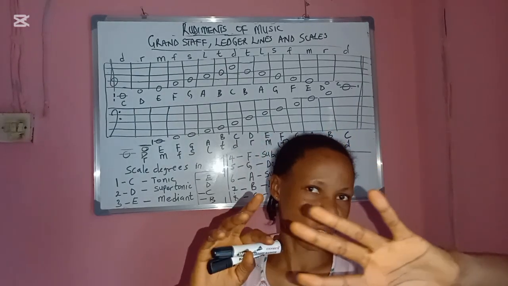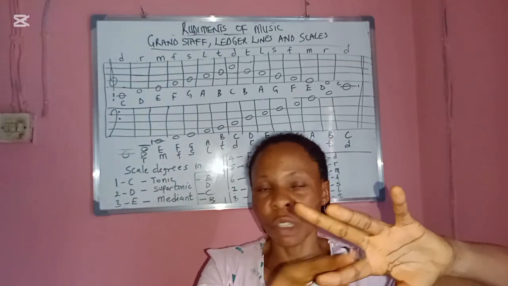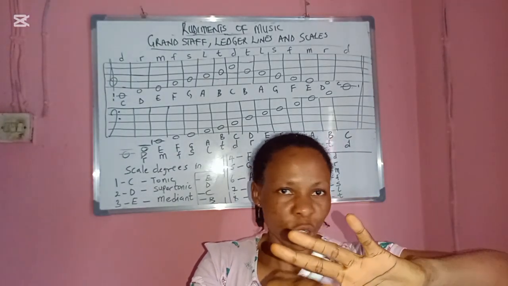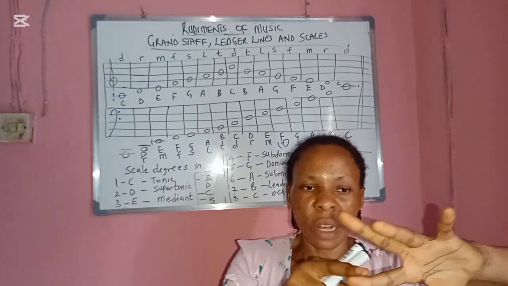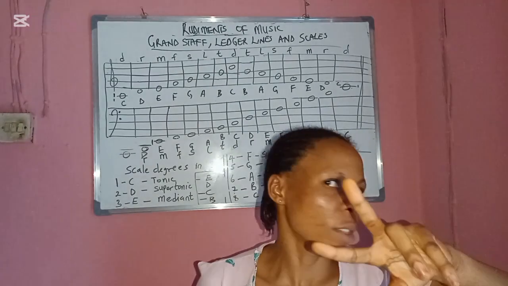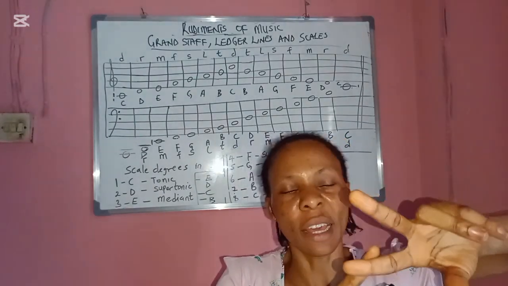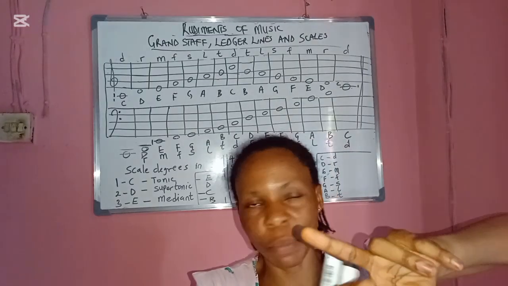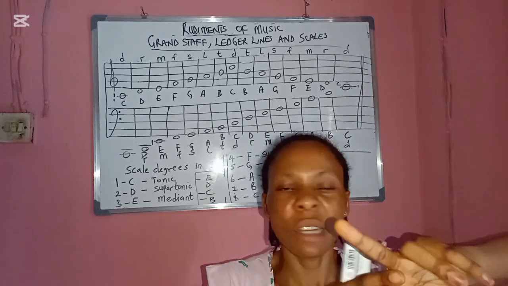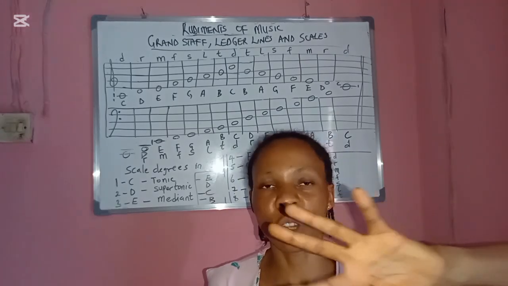So that is how it works. There must be a space, and that space should not be omitted. You can't get A in a line and get B in a space. It's not possible. If A is in a line, B must be in a space. You can't skip this space for any reason. So don't forget this.